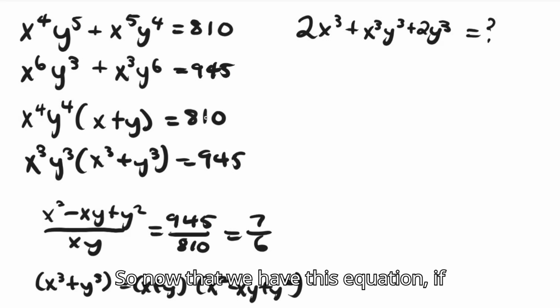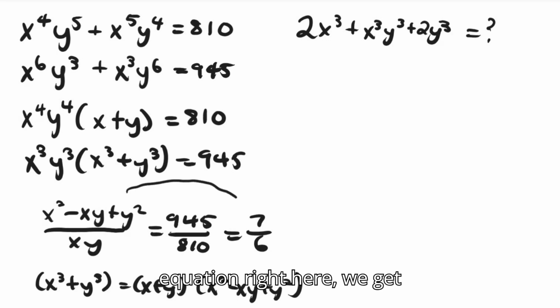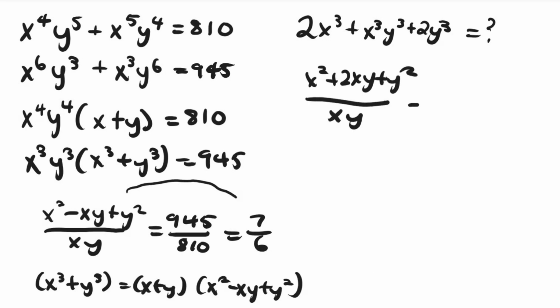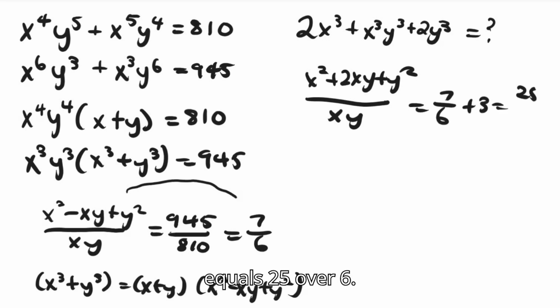So now that we have this equation, if we add 3 to both sides, we get x squared plus 2xy plus y squared over xy equals 7 over 6 plus 3 equals 25 over 6.